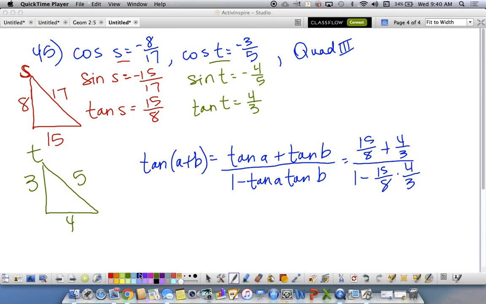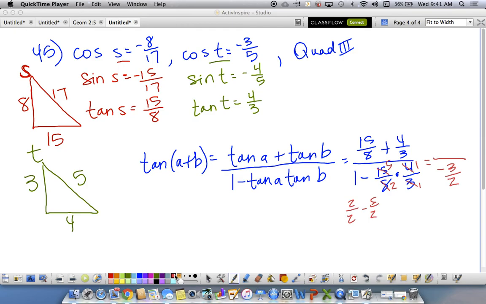In the denominator, I probably would, when I'm multiplying, I am going to reduce here. 3 goes into 15, that's a 1 and a 5. This is 5 halves, 1 minus 5 halves, 2 over 2. Oh my goodness, that's negative 3 halves on the bottom.